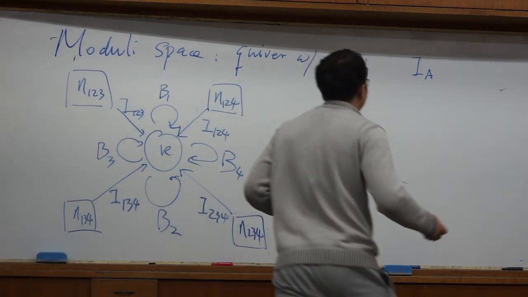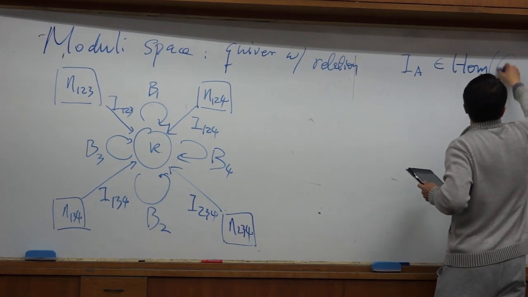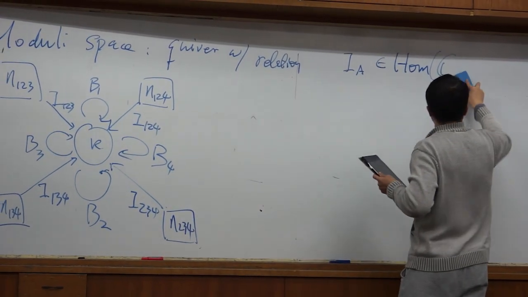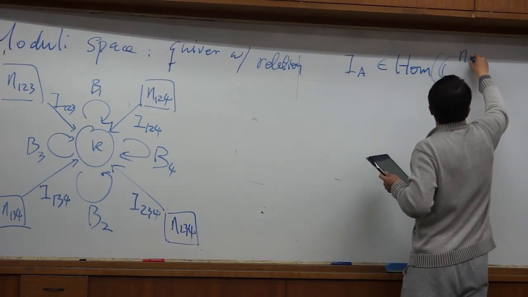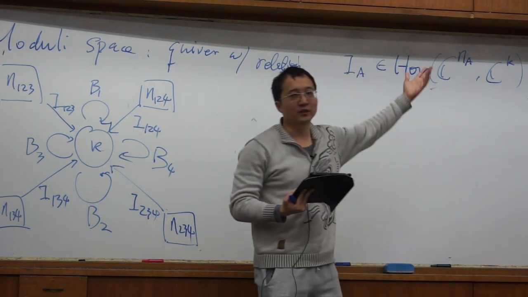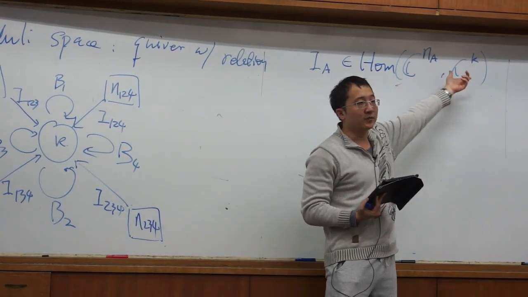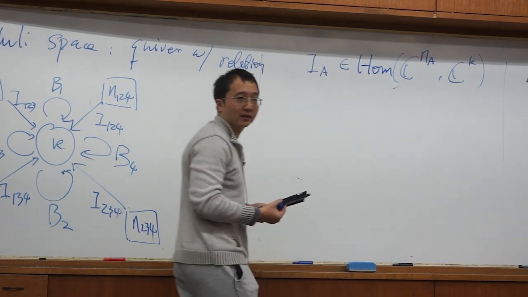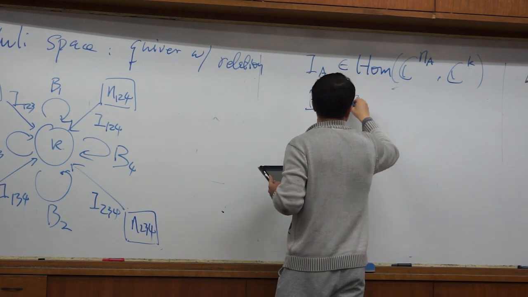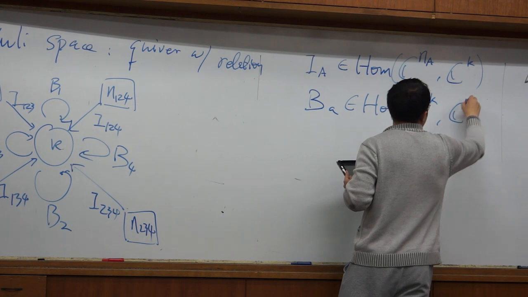So each I_A is an element in Hom(C^{N_A}, C^K). I would like to think of this as some N_A times K complex matrices, and each B_A is just a Hom(C^K, C^K).